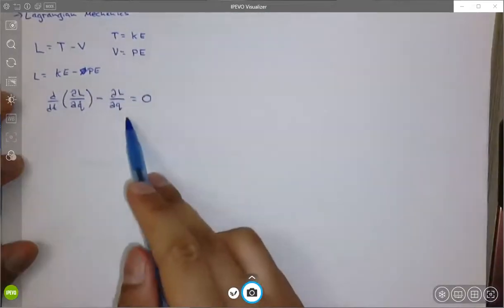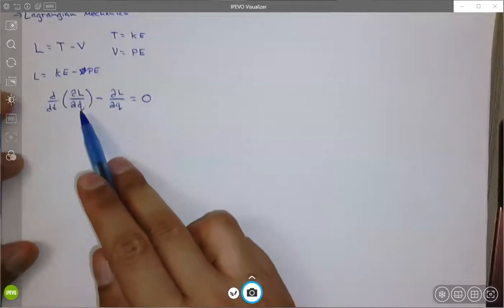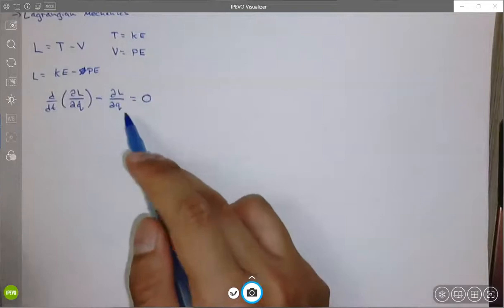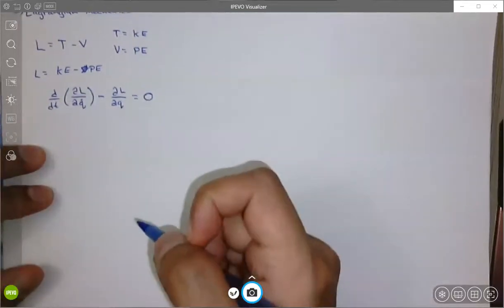So q is the generalized position, and q dot is the generalized velocity of a system. It could be angular position and angular velocity, or just linear position and linear velocity.